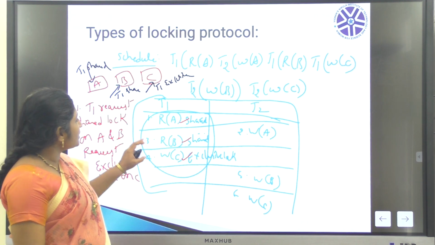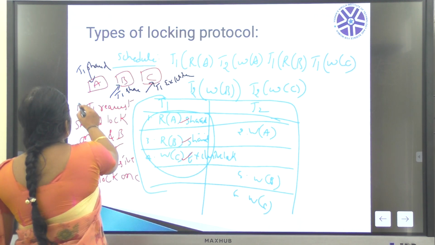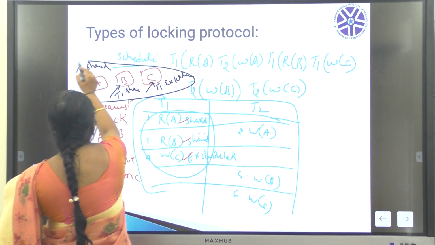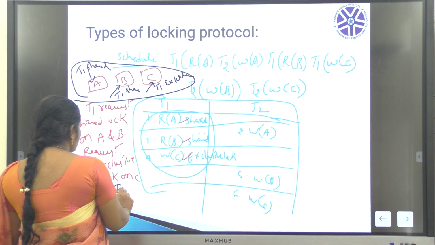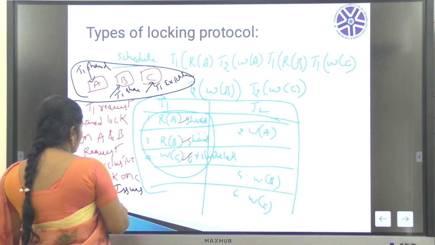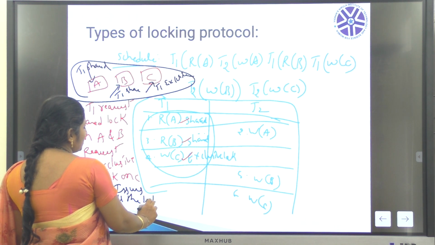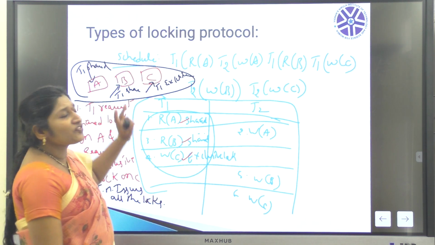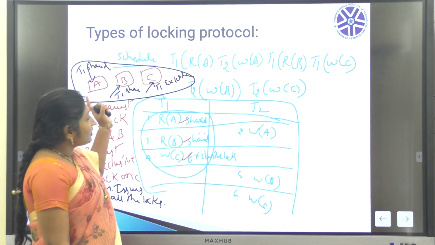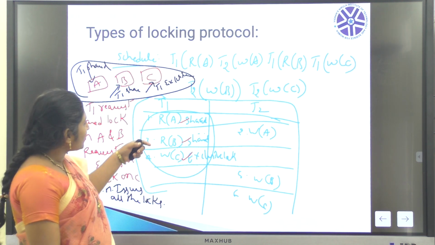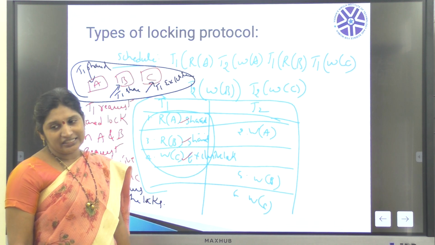Because it is the first transaction, no other transactions are using these objects. The transaction manager issues all the locks after checking the availability. Because all of the data items are free, it grants shared lock on A, it grants shared lock on B, it grants exclusive lock on C.